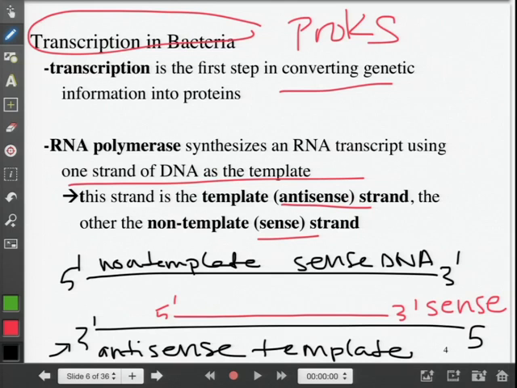Because I think sense and antisense is more confusing. And again, I'm not about semantics and memorizing. But I don't know what standardized tests pop up what terms, so it's best to at least have an idea. And again, you can work through that. You know the RNA makes sense to be read that way. Something that's anti-parallel to it has to be antisense. Something that is the same polarity has to be sense. So you can think that through without just rote memorizing and then panicking about which one's which.